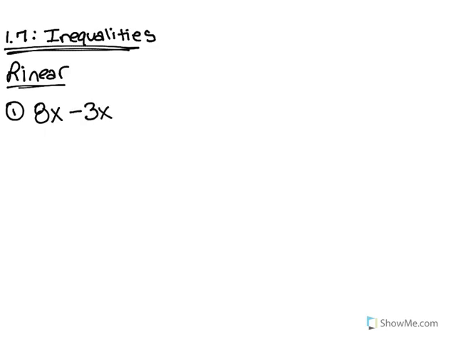So we have 8x minus 3x plus 2 is less than 2 times the quantity x plus 7. Like I said, the linear kind of set up just like an equation. We're going to solve it, get x by itself, like we would a linear equation.